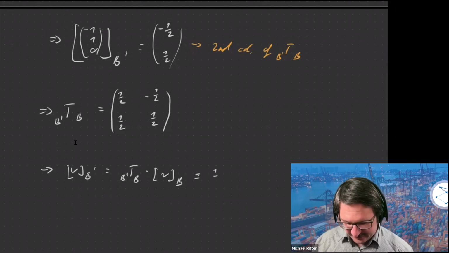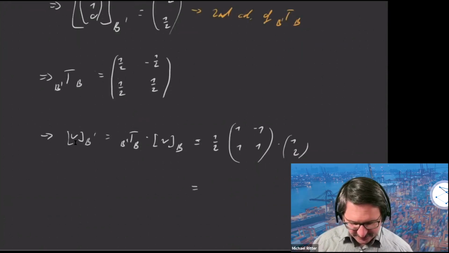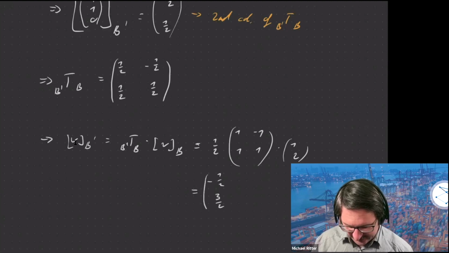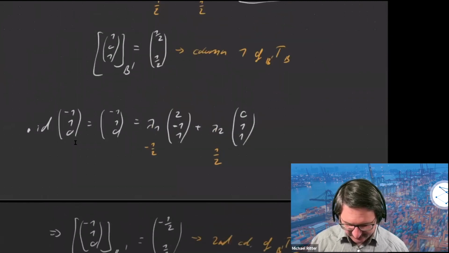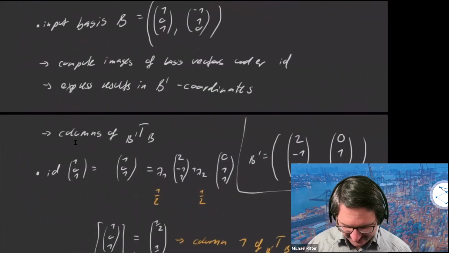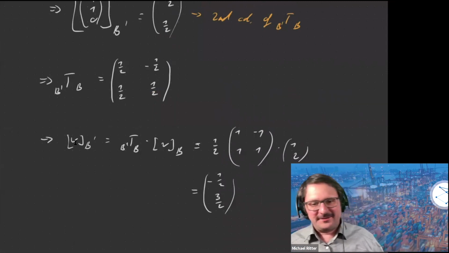So we have our matrix. Let's factor out the 1 over 2 to make the writing a little easier. Times VB, that is 1, 2. And then the result here is, let's see, minus 1 over 2 and 3 over 2. And hopefully that is the same thing that we got before. It is, I'm relieved. Okay, good. So again, we get the correct result.